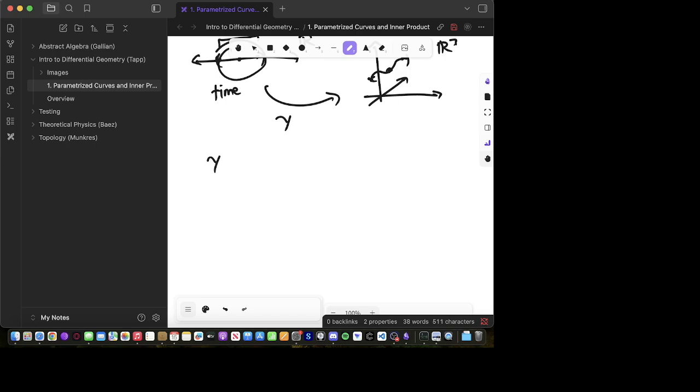So let's say we have a curve from I to Rn, and it has components like so. What that basically means, let's give an example actually.